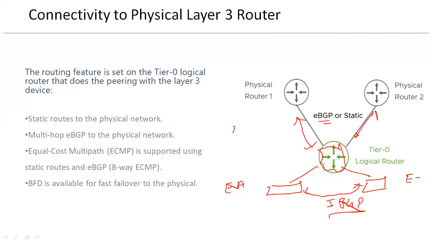It supports 8-way ECMP, equal cost multipath routing. If we want to configure multiple edge nodes, then we can configure up to 8 edge nodes.